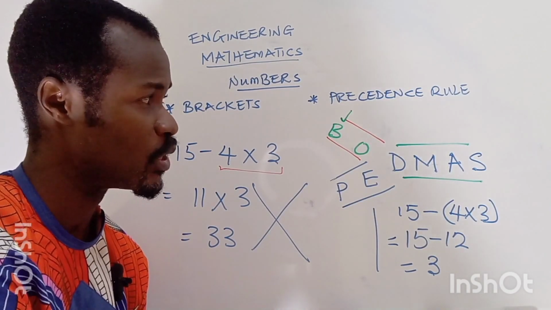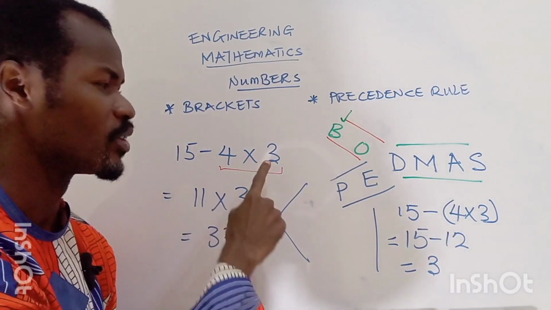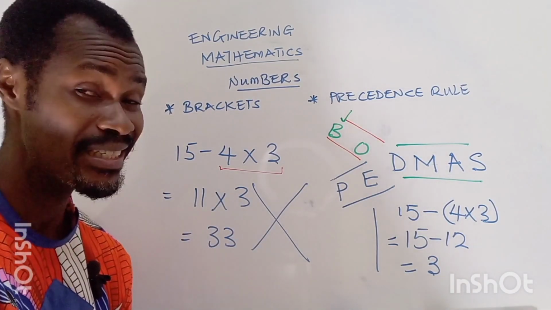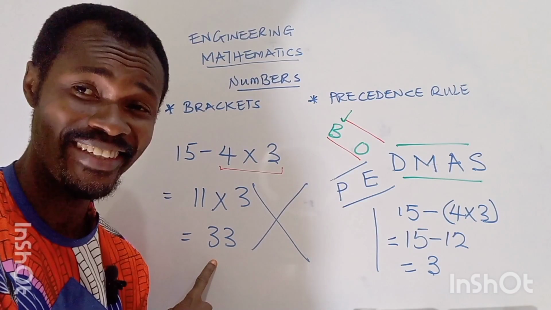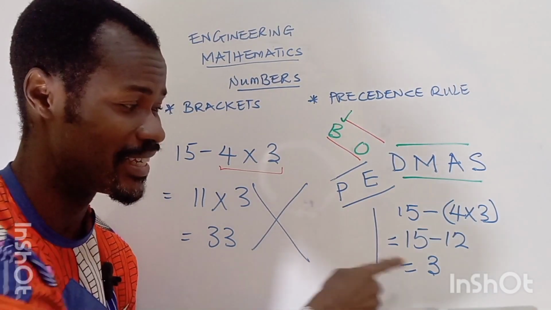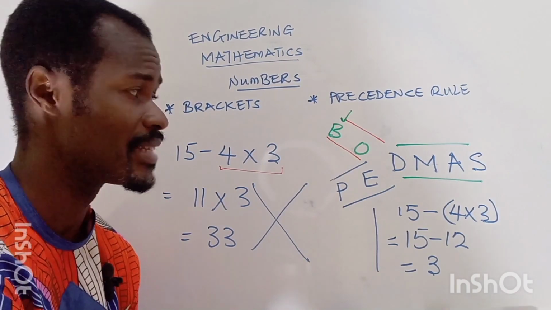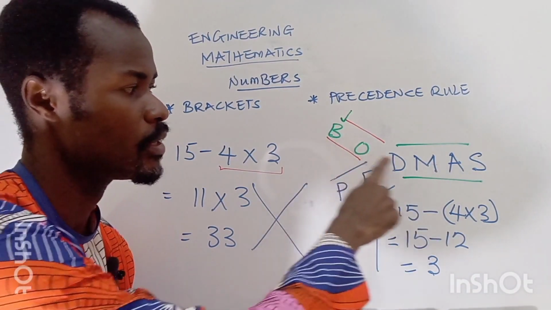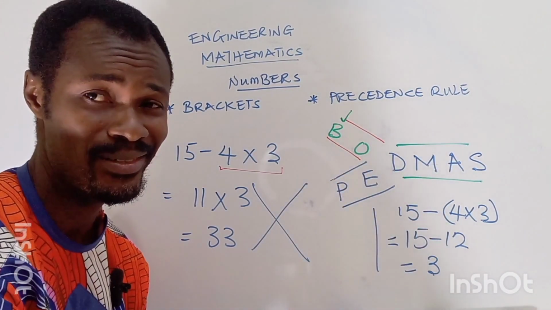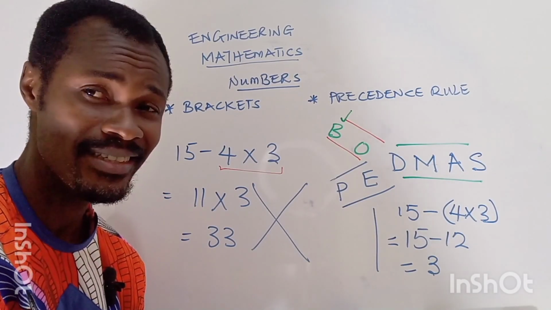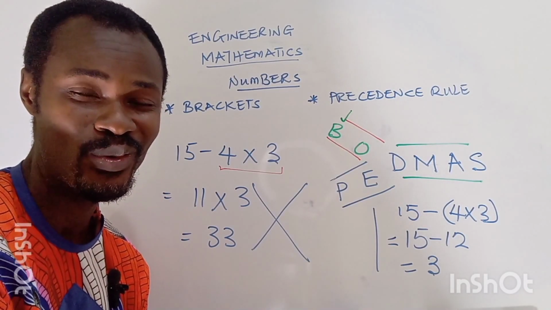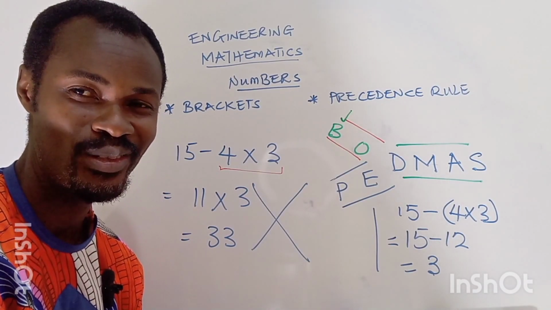Because with a simple question like this, some persons may be solving it and getting 33, and some persons may be solving it and getting 3. So there is this rule in engineering maths that you must always follow, which is BODMAS. So that is the idea once it comes to the precedence rule.